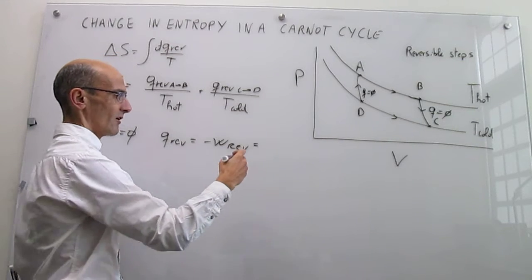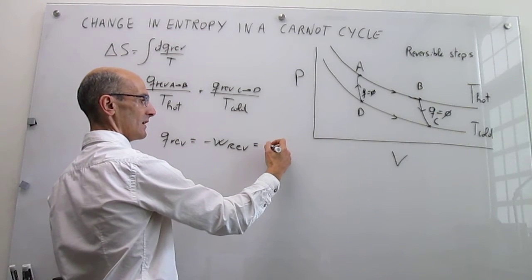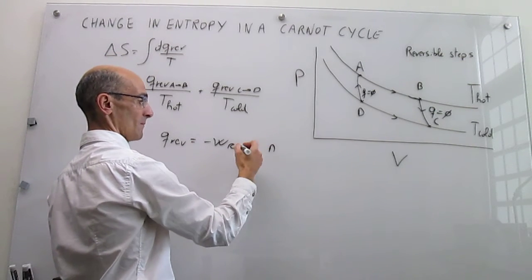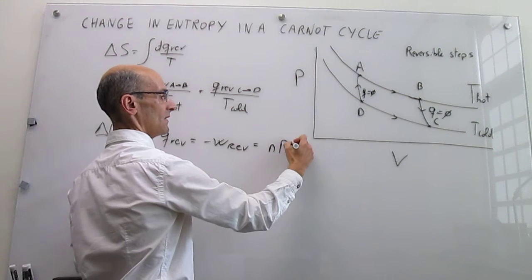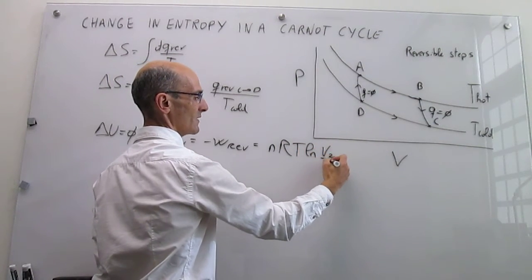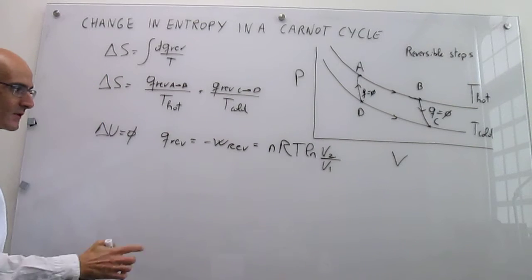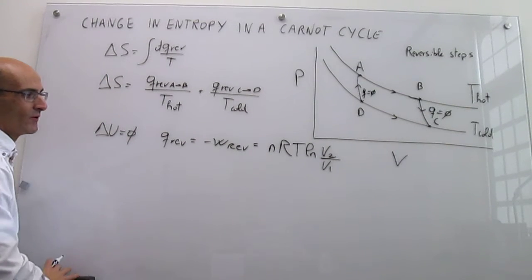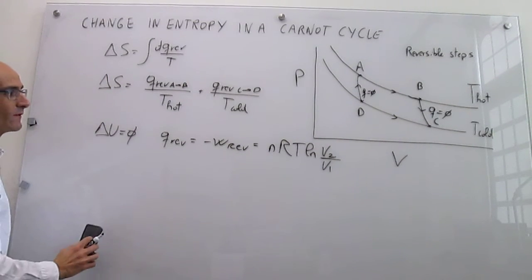And we know from our earlier work that reversible work is going to be minus nRT natural log of the final volume V2 over the initial volume V1. Okay, so that is the reversible heat in each one of those two steps.